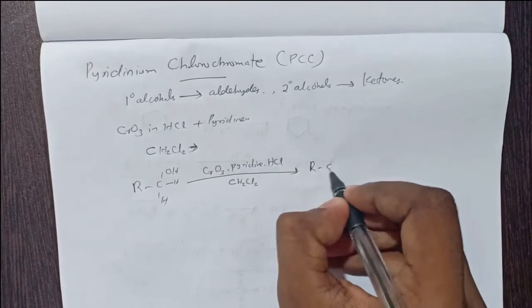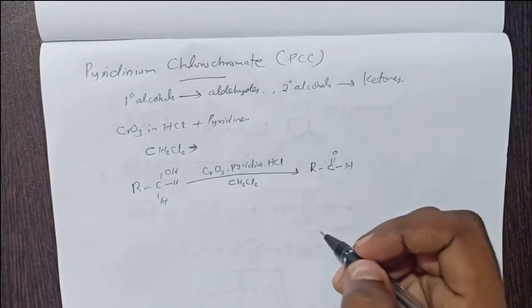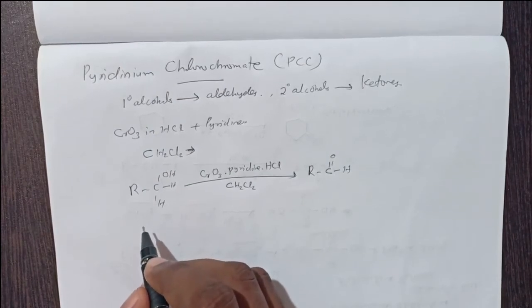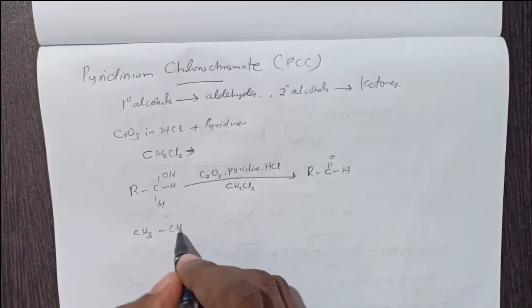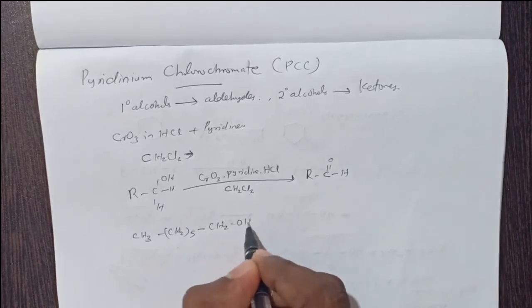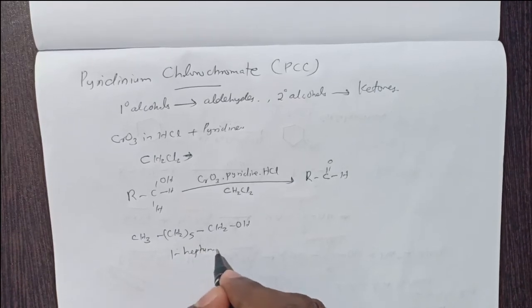The product will be RCHO, that is, an aldehyde. Considering a specific example, consider CH3(CH2)5CH2OH. This is 1-heptanol.